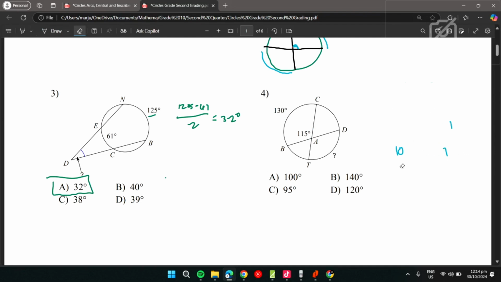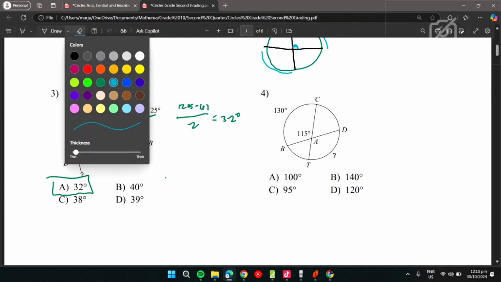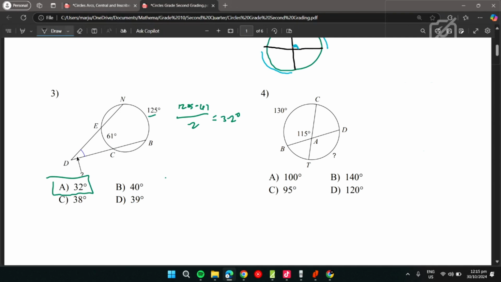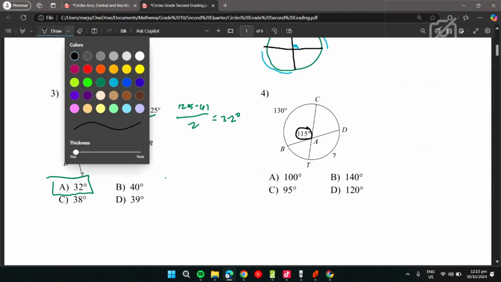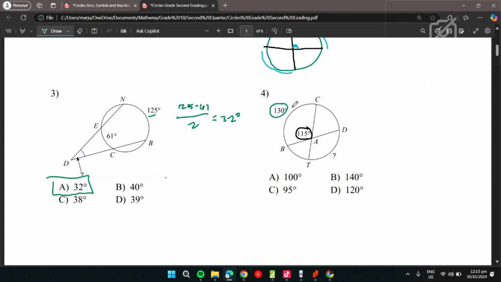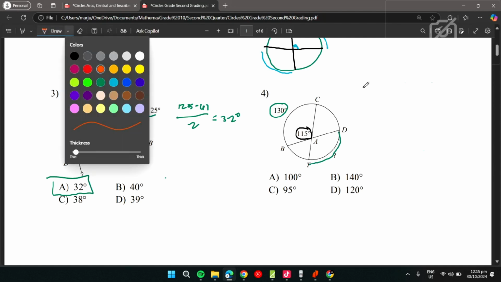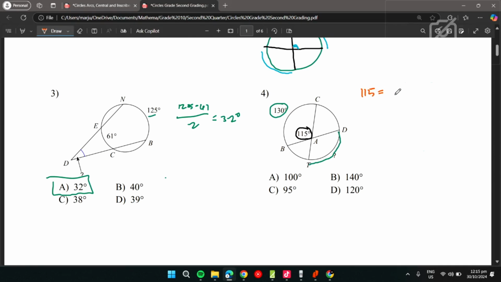According sa theorem, pag meron tayong dalawang chords that intersect within the circle, ang measurement ng angle na na-form, this angle, is 1/2 daw siya ng sum ng opposite arcs. So, ito at saka itong arc na to. So, if I'm going to write that, 115 is equal to 1/2, or over 2, of the sum of the opposite arcs.